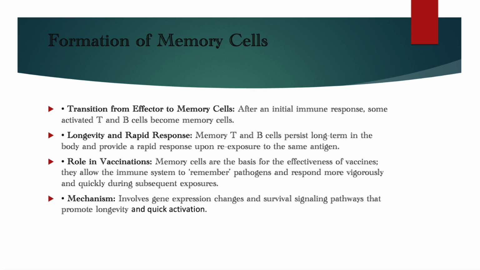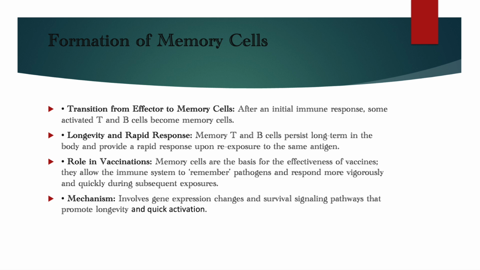Now, the threat of reinfection segues perfectly into what happens in the aftermath of an immune response. A crucial transformation occurs. Some of the effector T and B cells initially generated to fight the infection convert into memory cells, like previously stated. This transition is not merely a change in function, but involves profound genetic remodeling that prepares these cells to live long and act fast.